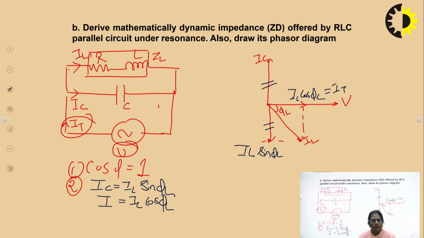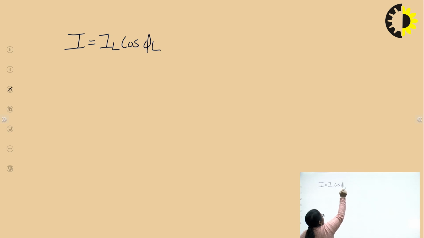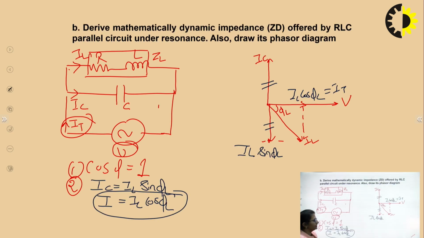To find the dynamic impedance, we'll concentrate on the second condition, which is that the total current in the circuit is equal to IL cos phi L. Just see this triangle, I'm just reforming it.